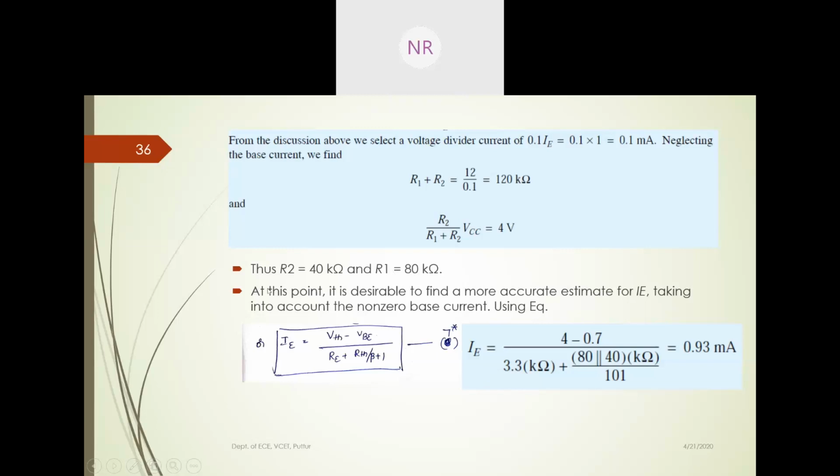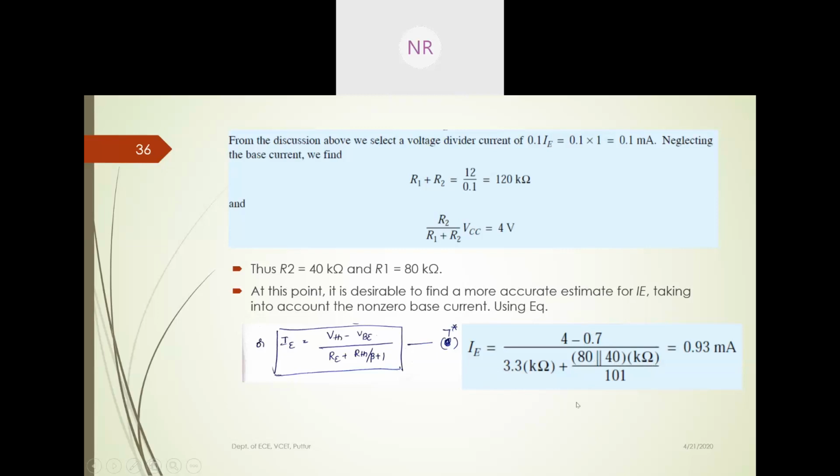Next, we have now calculated the RE value, R1 value, and R2 value. Next, you are going to calculate the IE value, the amount of IE flowing. For that, again, make use of this formula: VTH minus VB divided by RE plus RTH divided by beta plus 1, where RTH is RB. RTH is R1 parallel to R2, so 80 parallel to 40, divided by beta value 100 plus 1, 101.